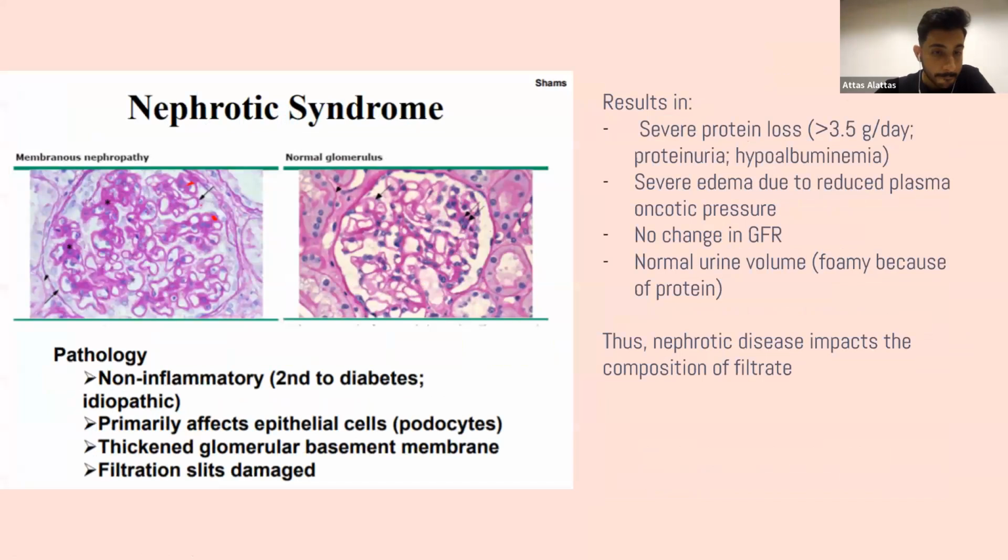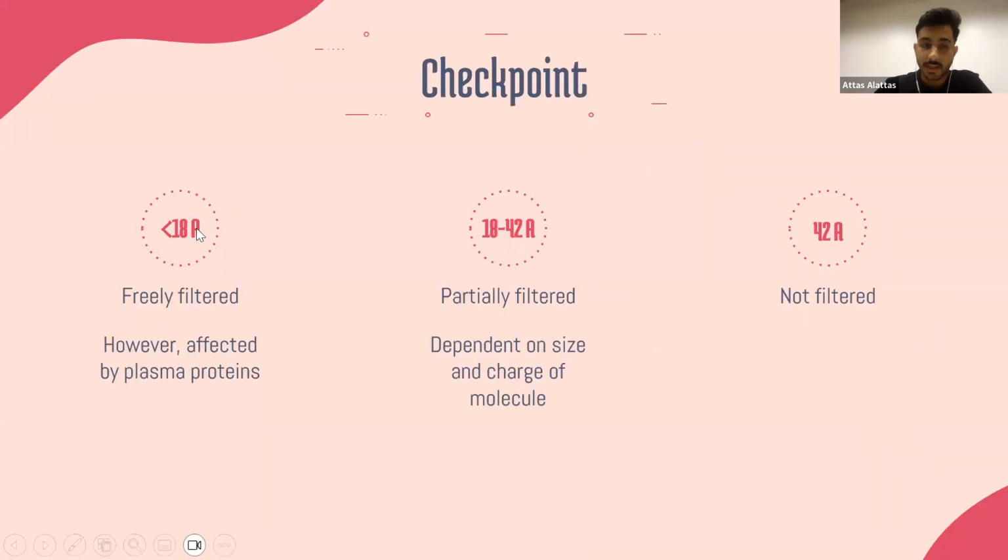Okay, so we said molecules that are less than 18 angstrom are freely filtered and affected by the plasma proteins. Molecules that are between 18 to 42 are partially filtered. They're dependent on two things: the size and the charge.